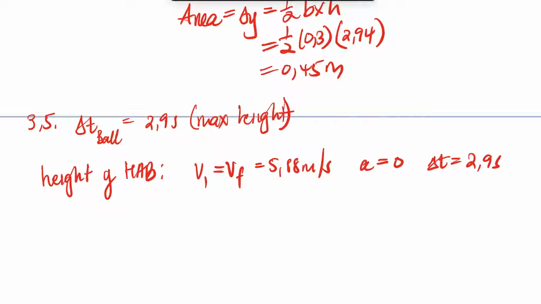The hot air balloon. So now we're going to calculate the distance it has covered, where it is now. So how do we do that? Let's not say height of the hot air balloon. Let's say it's the distance traveled by the hot air balloon since the ball was dropped.